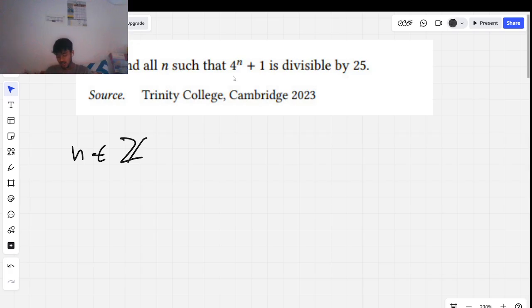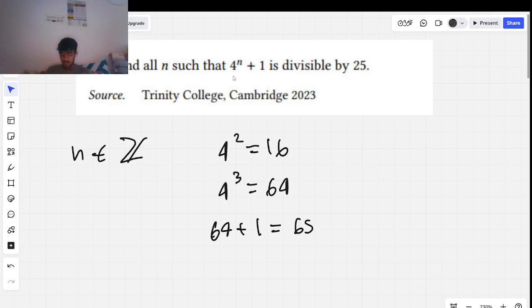So, for instance, 4 to the 2 is 16, 4 to the 3 is 64, and 64 plus 1 is 65, which is 50 plus 15, so it isn't divisible by 25.